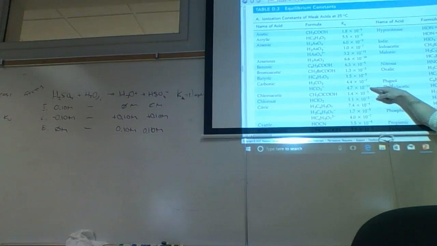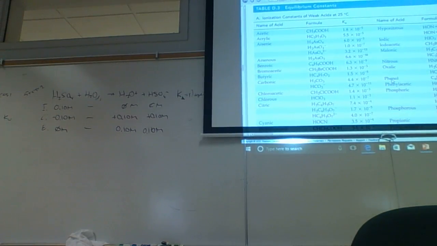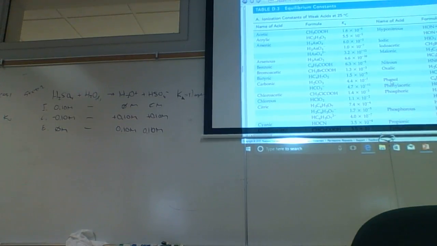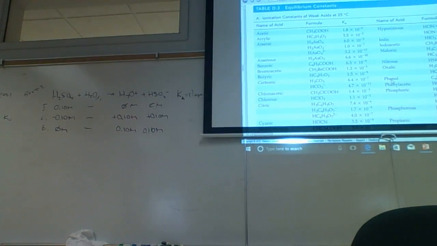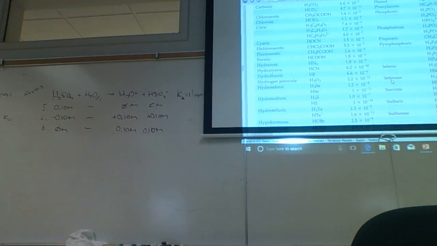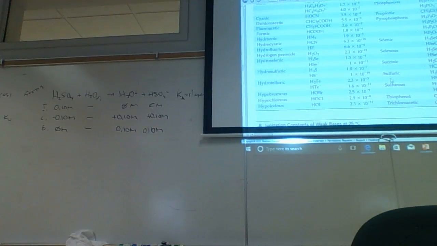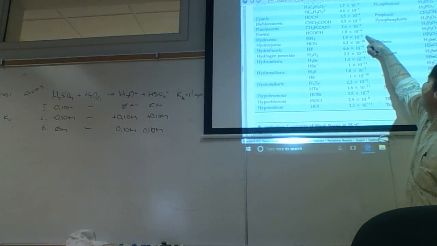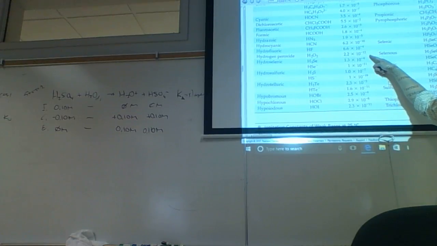So 10 to the minus 12 is smallest so far. Let's go over here: 10 to the minus 12, 10 to the minus 10, 10 to the minus 13. 10 to the minus 7, 10 to the minus 2, 10 to the minus 2, that's kind of big.